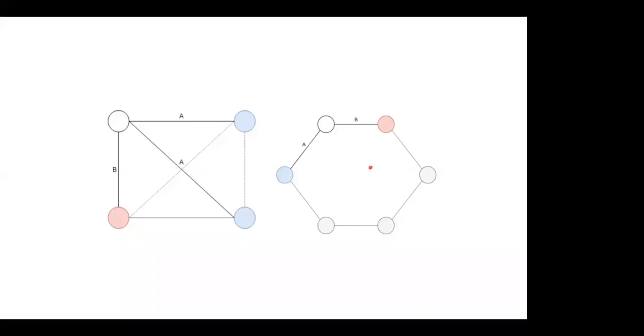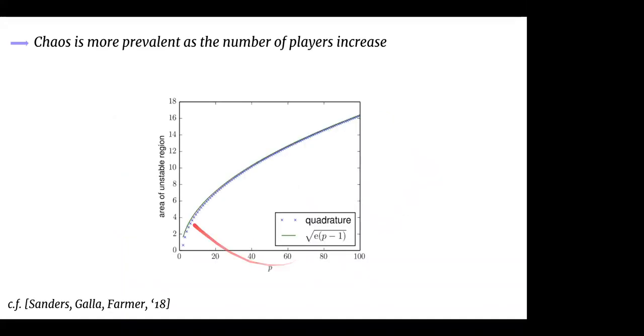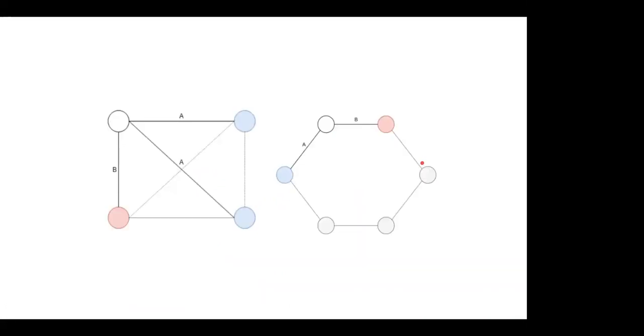What we did is we focused on the case where agents are interacting via an underlying communication network. And we said, okay, based on the structure of this network, how does this problem translate? Will we expect more chaos or more unstable dynamics as we increase the number of players? Or is there something else that's happening?